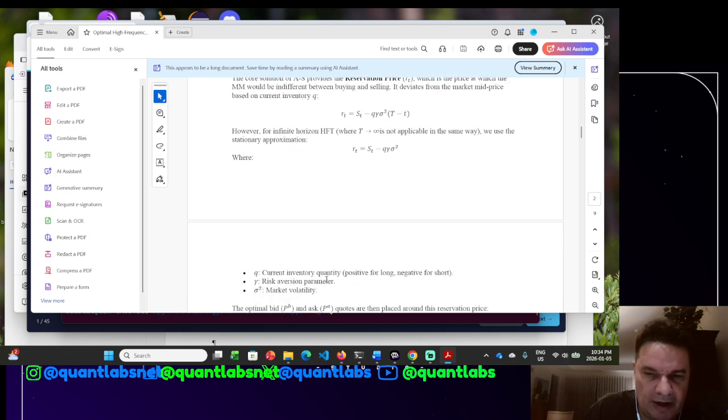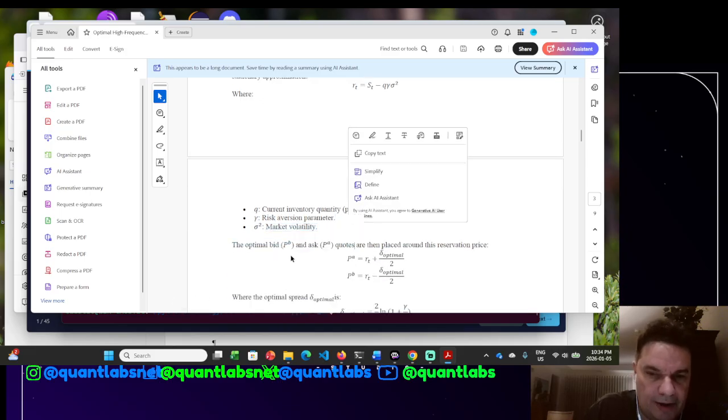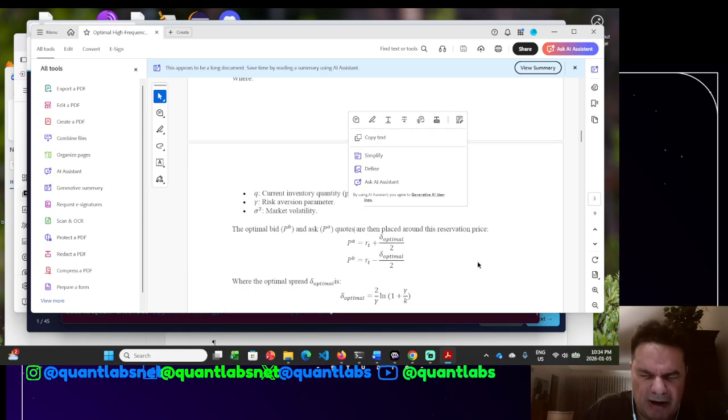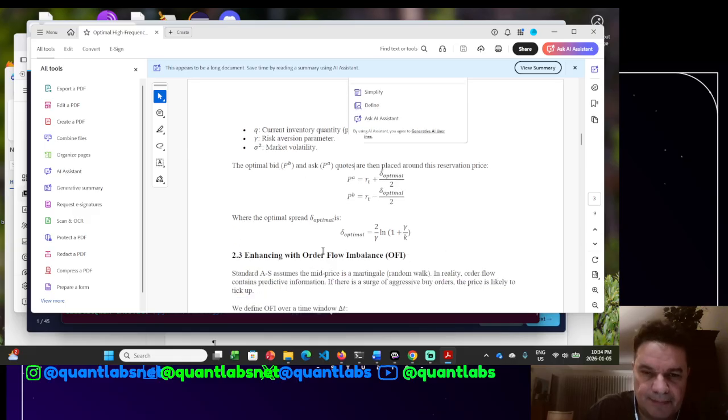We have current inventory quantity, positive for long, negative for short. That's key. We also have the risk aversion parameter and the market volatility, along with the optimal bid and the optimal ask, and the quotes are placed around the reservation price.